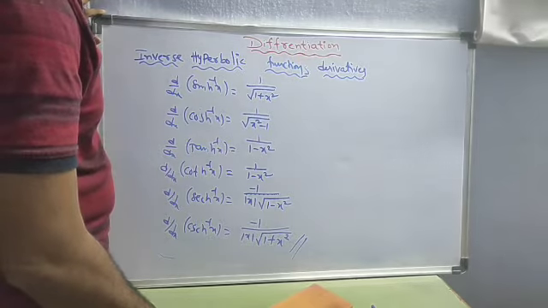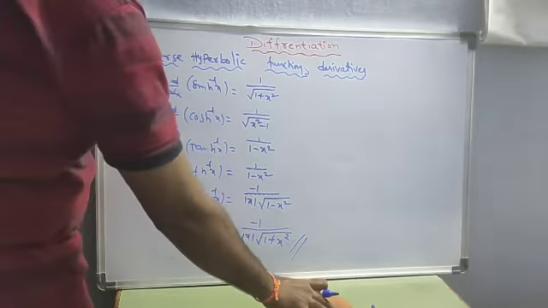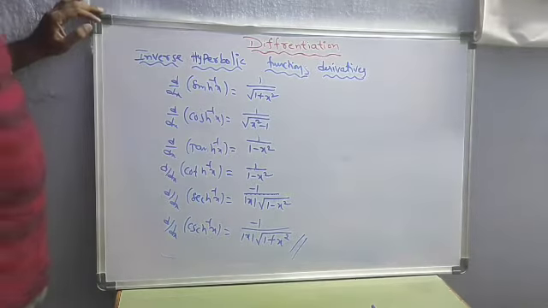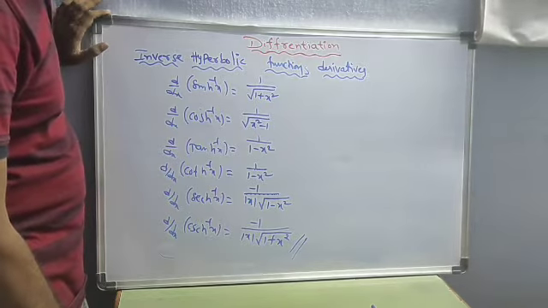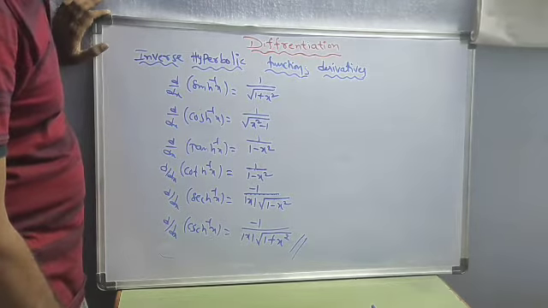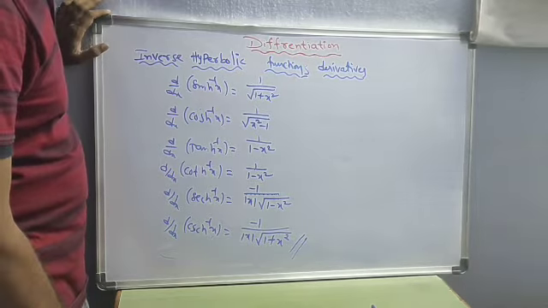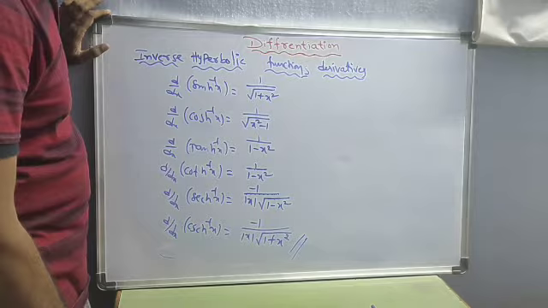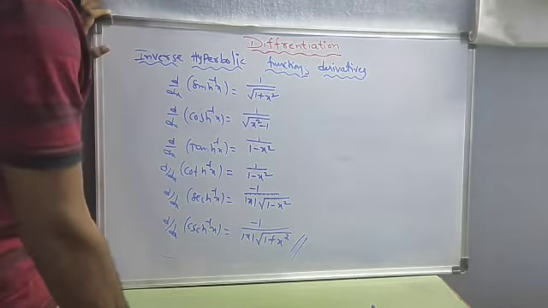These all are standard results, the main thing. All these formulas are compulsory, you should practice. Those who have a good command of these formulas will easily do the problems in differentiation.